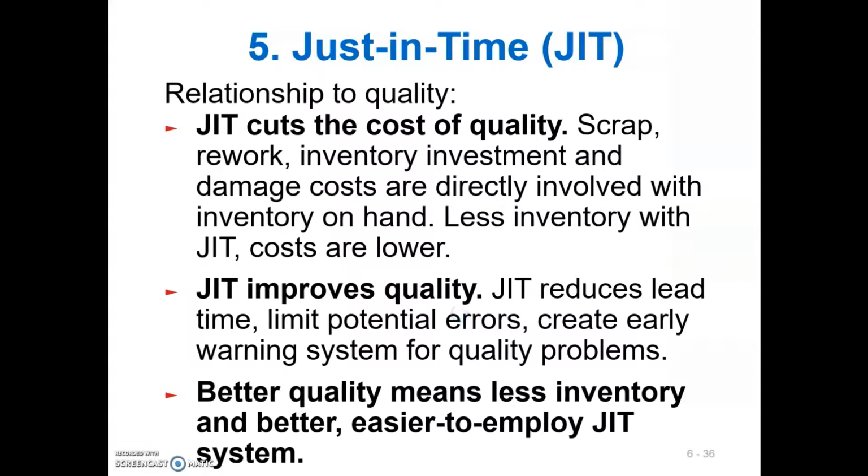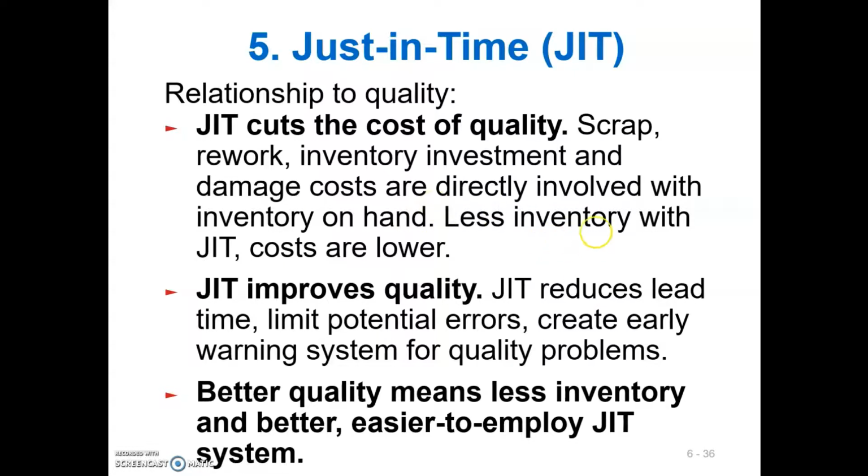The next concept of TQM is just in time, or we call it JIT. So this is its relationship to quality. JIT cuts the cost of quality, where scrap, rework, inventory investment, and damage costs are directly involved with inventory on hand.